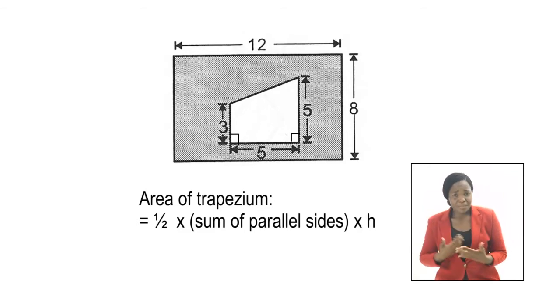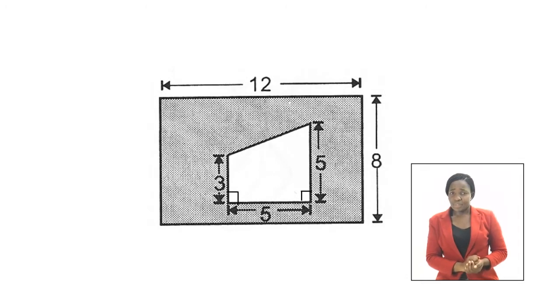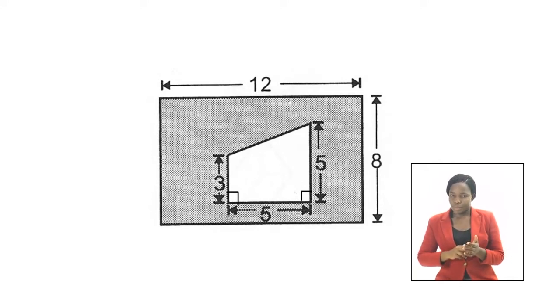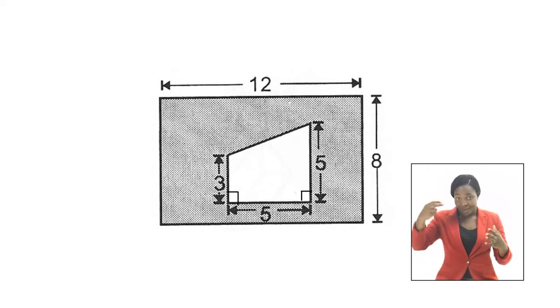Well, look at the sketch again. The line that forms a 90-degree angle with one of the sides is normally the height. There are two right angles marked. So, it seems that the parallel sides are 3 and 5, and the height is 5, the bottom line here.